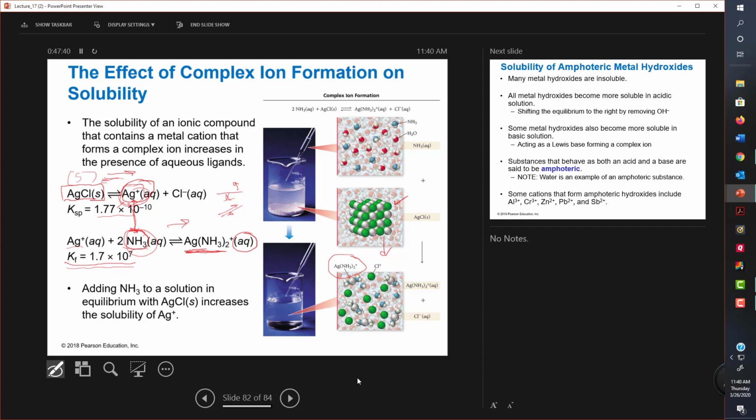For precipitation reactions, I think the most important thing, outside of what's in the chapter, is you know those solubility rules. Because if you don't know the solubility rules, or you don't know the charges on your polyatomic ions, then you're not going to get a correct balanced equation. If you don't get the correct balanced equation, you're not going to get the correct equilibrium expression or solubility product expression. So it is kind of an integration chapter.